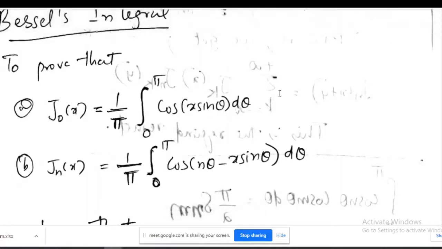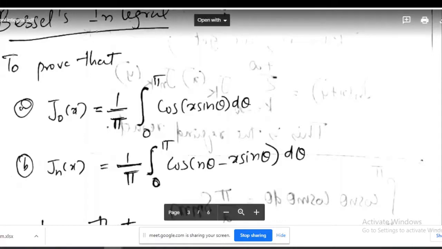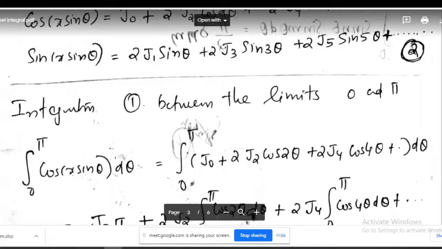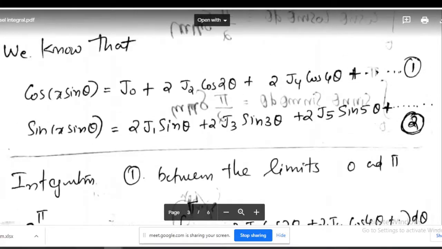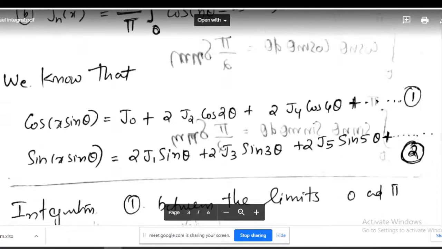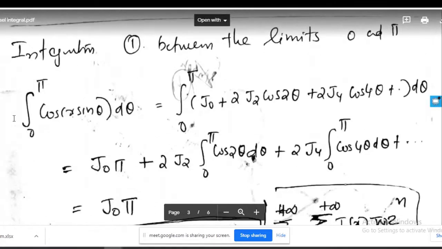First of all we see J0(x) and then we see the general expression. We integrate 1 between the limits 0 and pi. So we have integral 0 to pi cos(x sin theta) d theta equal to this.